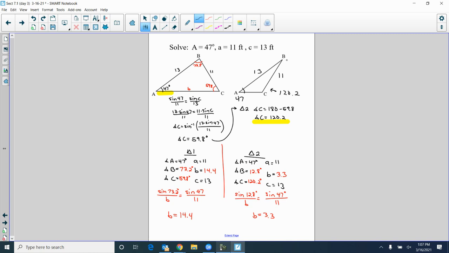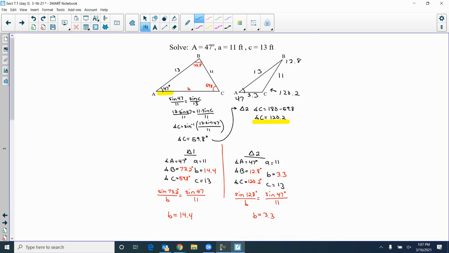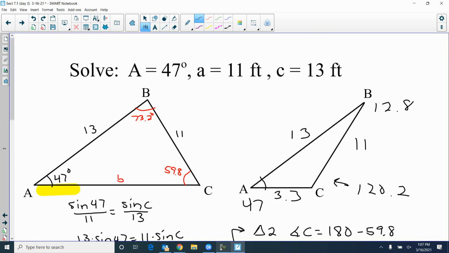Angle B is 12.8. And then we got 3.3 here. So hopefully it makes sense that I can still have one angle and then the two sides the same, but I have two totally different triangles. And you don't know which one you're dealing with until you draw out the situation.